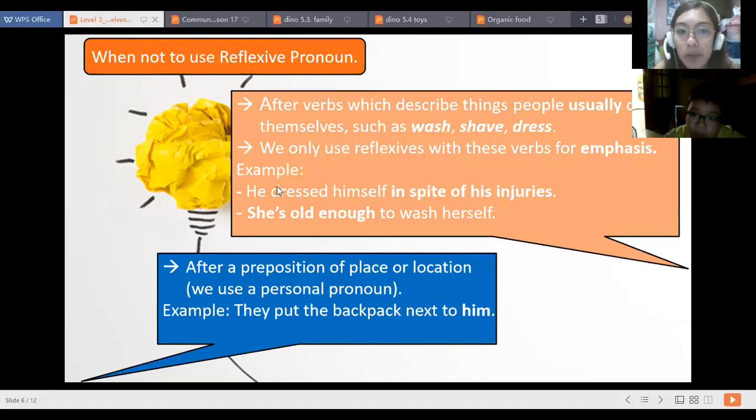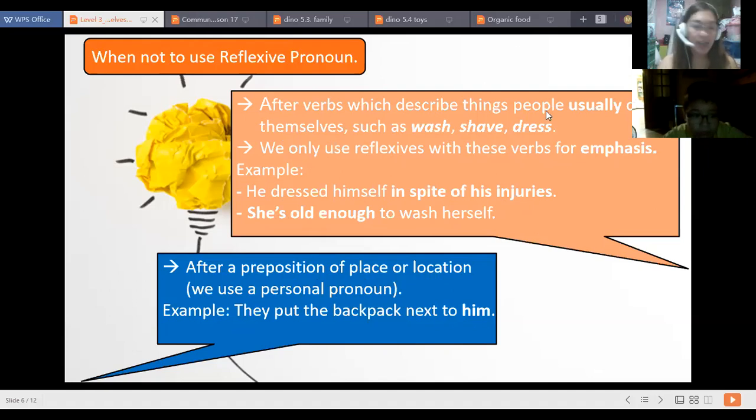For example, he dressed himself in spite of his injuries. She's old enough to wash herself. And after a preposition of place or location, we use a personal pronoun. For example, they put the backpack next to him.